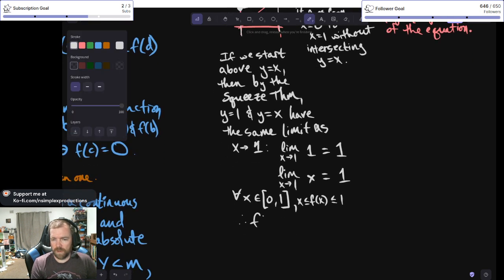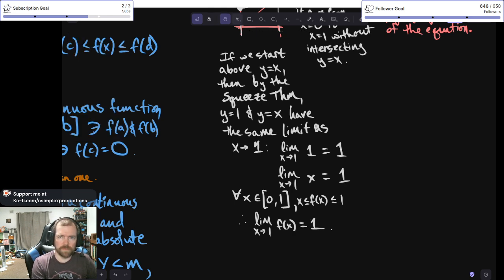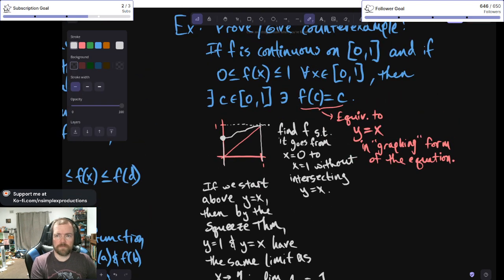So therefore, the limit as x approaches 1 of f of x must be equal to 1. Right? There's the alternative, which is that somewhere down here it's just going to cross the line. And if it crosses the line, then we've already proven that it's going to end up having a value where f of c is equal to c. Because at that particular point, our y value, f of c, is going to equal our x value, c. And again, so proven.